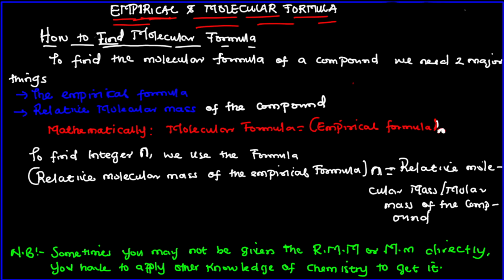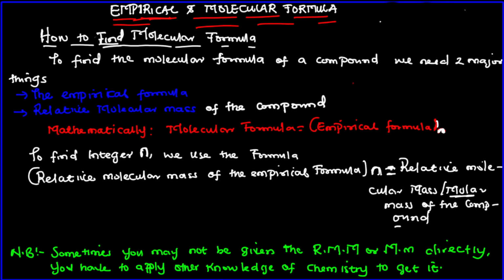So now, how to find n? We use the formula: relative molecular mass of the empirical formula multiplied by n equals relative molecular mass or molar mass of the compound. Most times you'll be given the molar mass of the compound or relative molecular mass. Relative molecular mass and molar mass are basically the same thing, numerically the same.